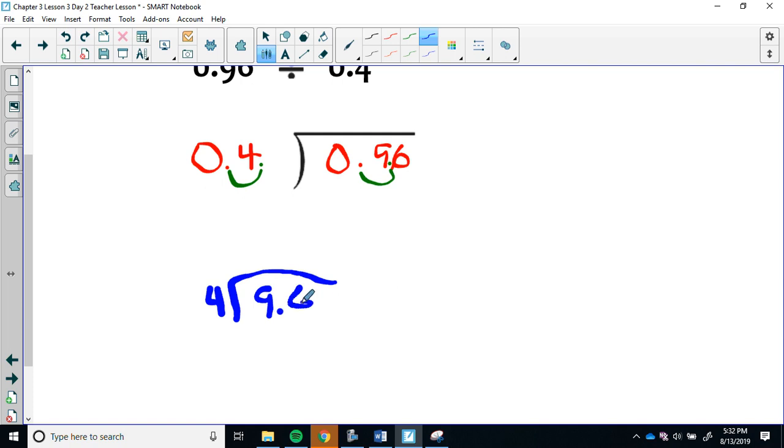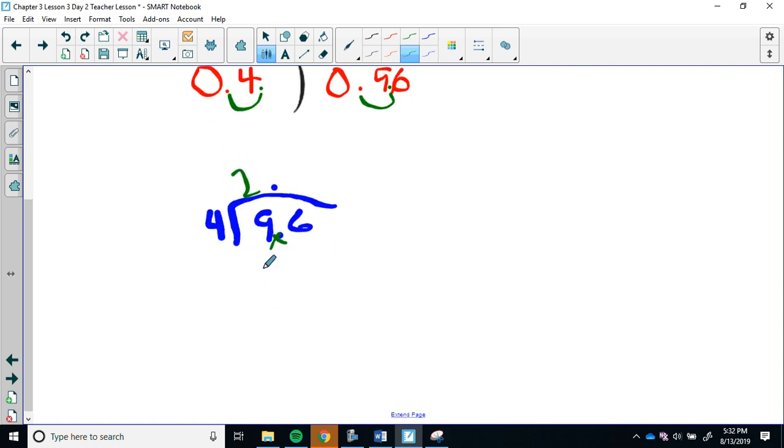Okay. Next step to do is to bring that decimal up here so it's in your answer. So we can just kind of cross it off down here, and it's now up there if we want to have it in the answer. I just brought it straight up. 9 divided by 4 is 2. 2 times 4 is 8.